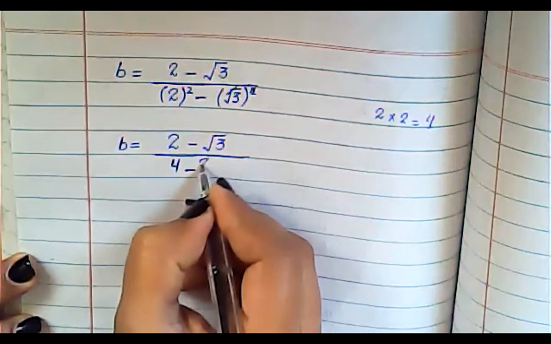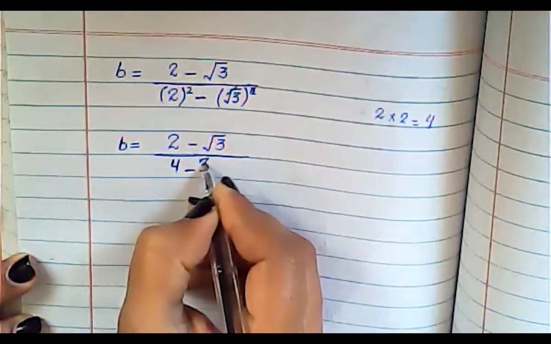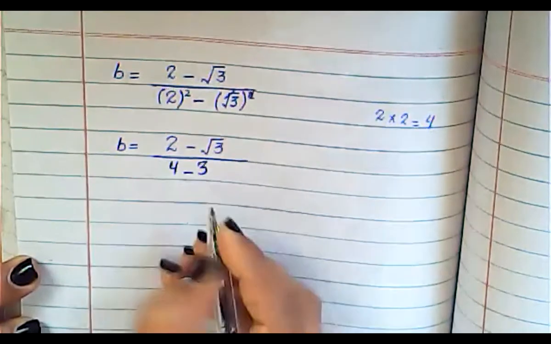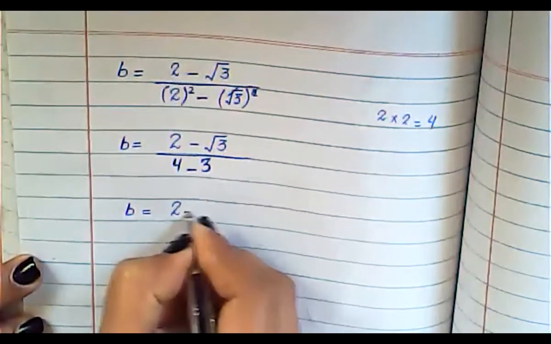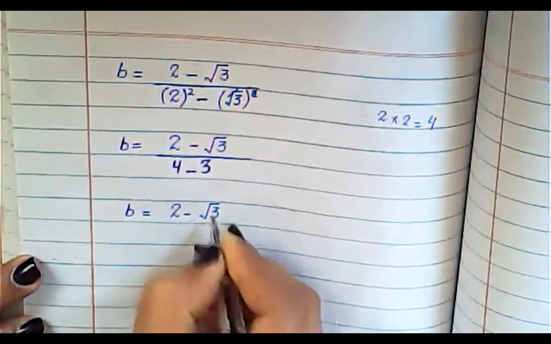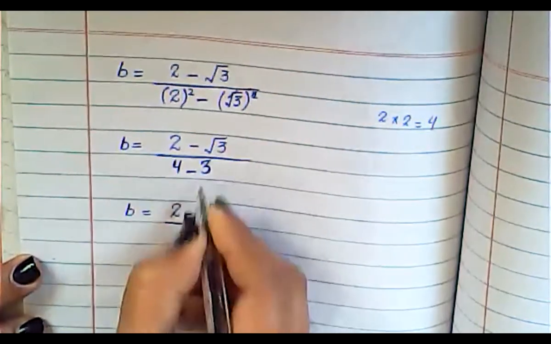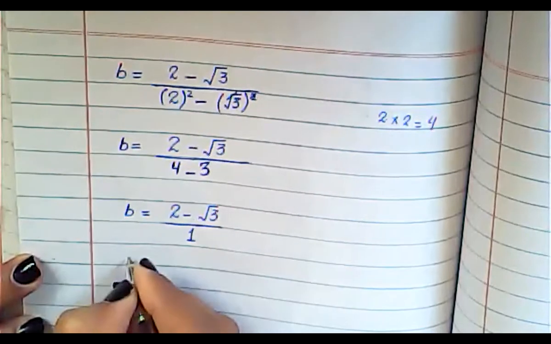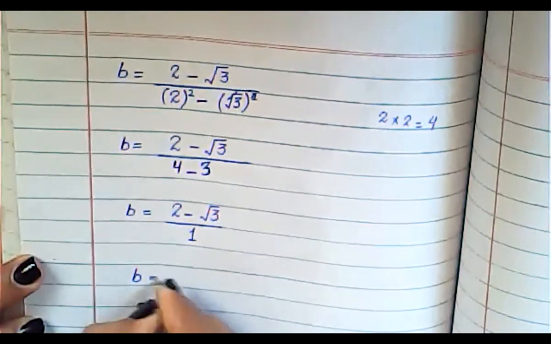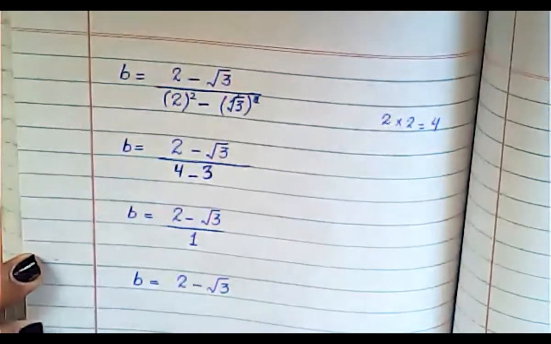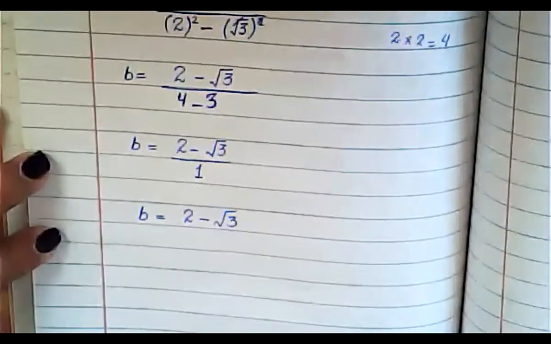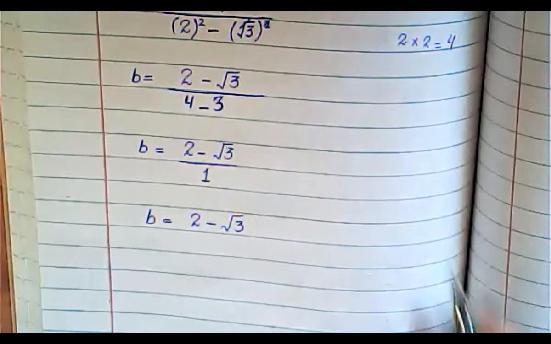So you will copy down 3. Now you will simply subtract it. So 2 minus under root 3 divided by 4 minus 3, which is 1. So your term b is now equal to 2 minus under root 3. Clear? Term b is now equal to 2 minus under root 3.